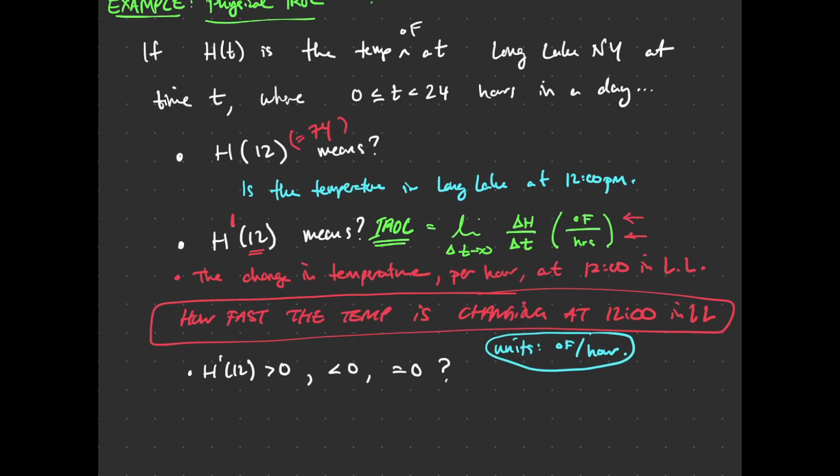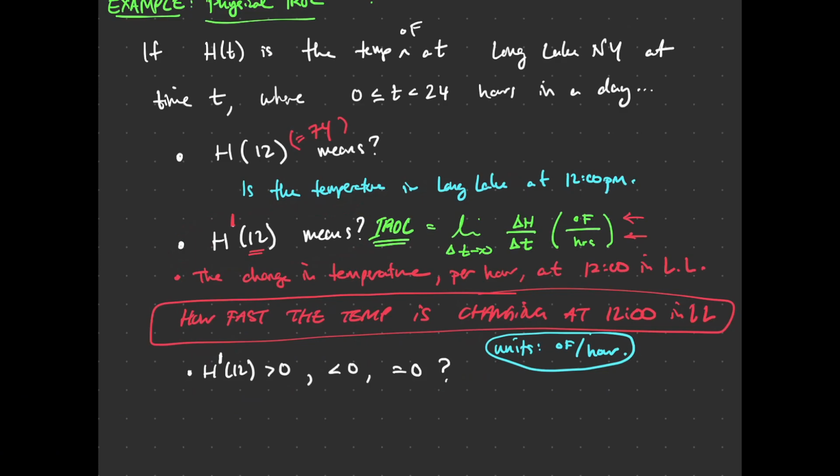Do we know what h prime of 12 is? No. But if we had a value for it, let's pretend h prime of 12 was 2, that means that at noon, the temperature is changing at 2 degrees per hour. Now, this last part: is h prime of 12 positive, negative, or 0?